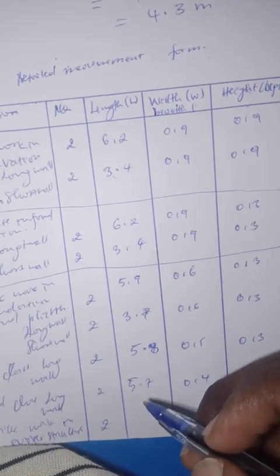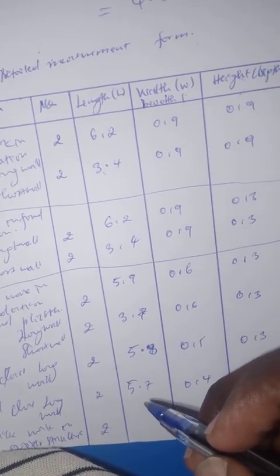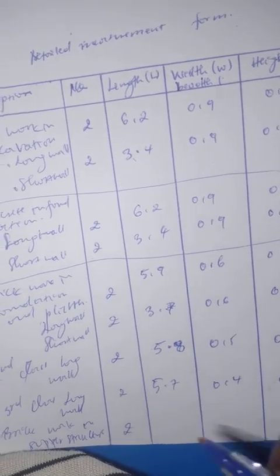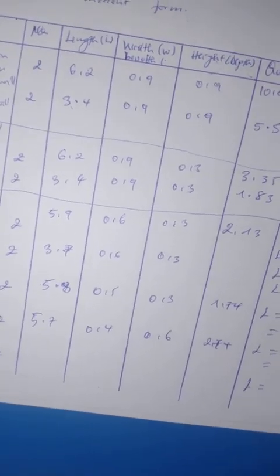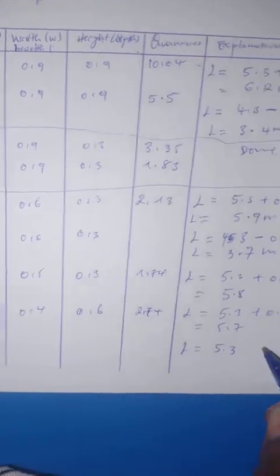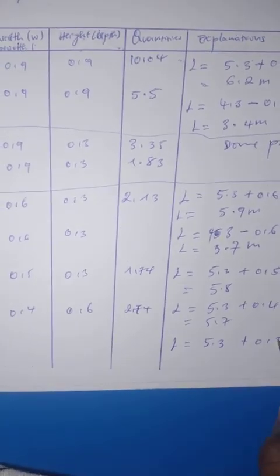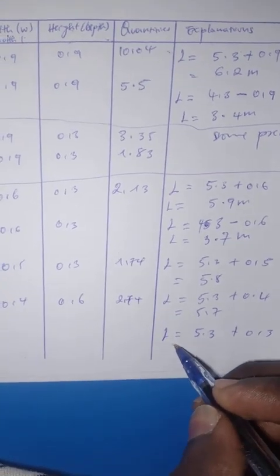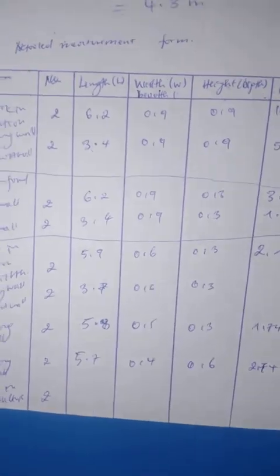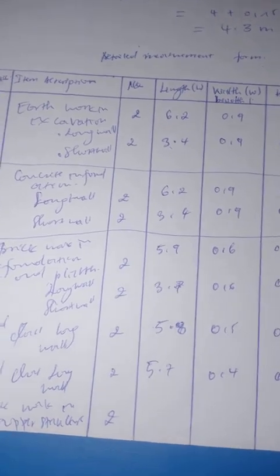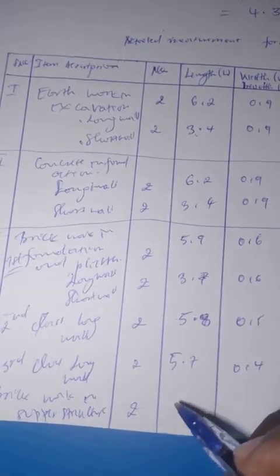Here the number is equal to 2. The length must be equal to 5.3, then plus 0.3. Here we get 5.6 as the length of long wall. Short wall is similar to the previous, by taking length minus the breadth.